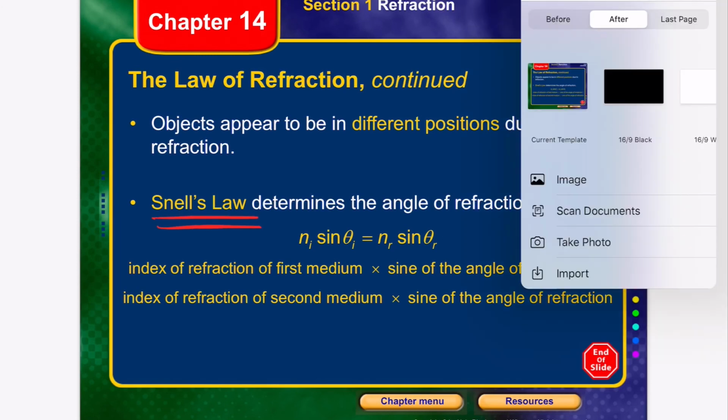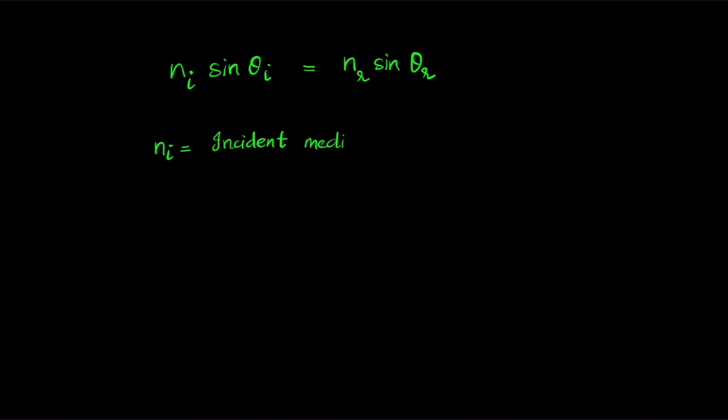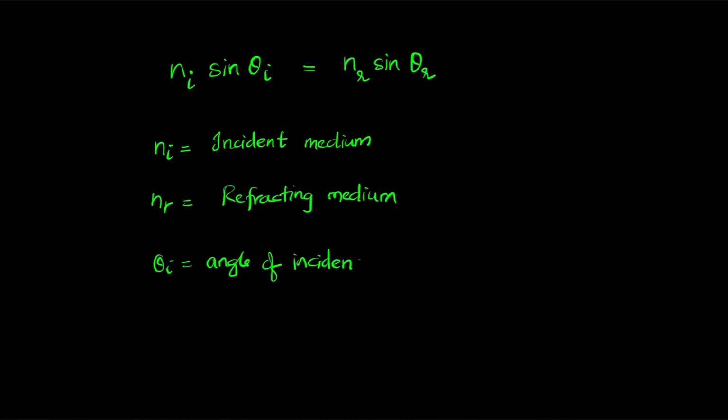Snell's law takes into consideration the index of refraction: Ni sine theta I is equal to Nr sine theta R. Ni here represents the incident medium, Nr represents the refracting medium, theta I is the angle of incidence, and theta R represents the angle of refraction.